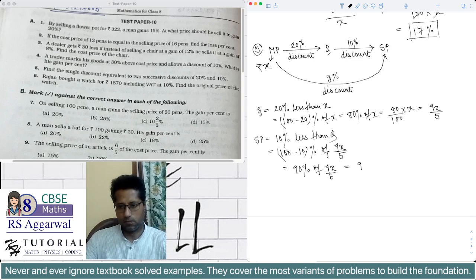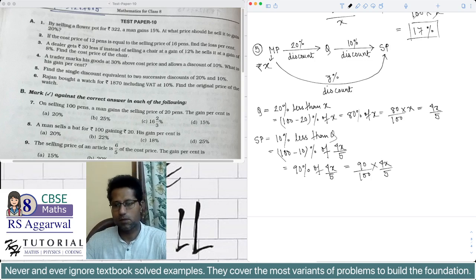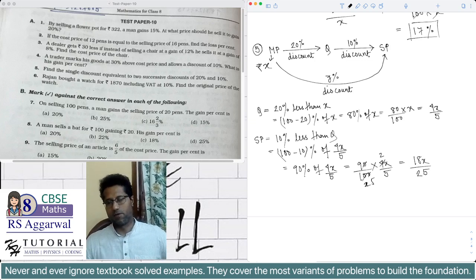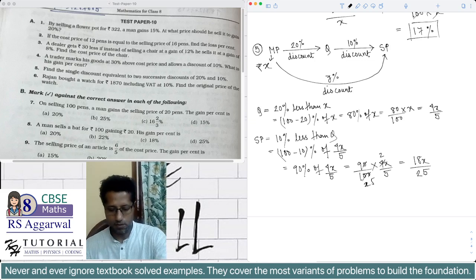This is equal to 90 by 100 multiplied by 4X by 5. This is equal to, after simplification, 18X by 25. So the final selling price when two successive discounts were given, 20% and 10%, is 18X by 25, where X is assumed to be the mark price.